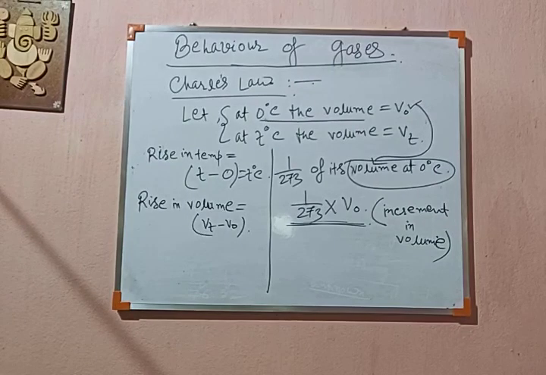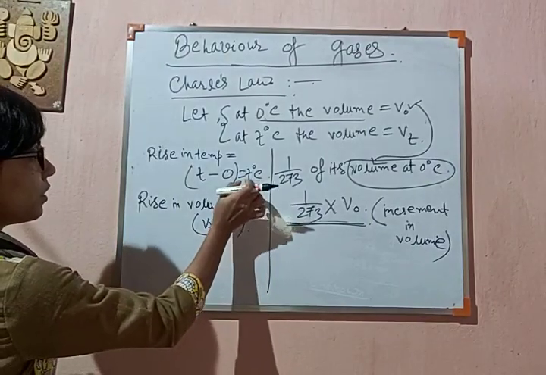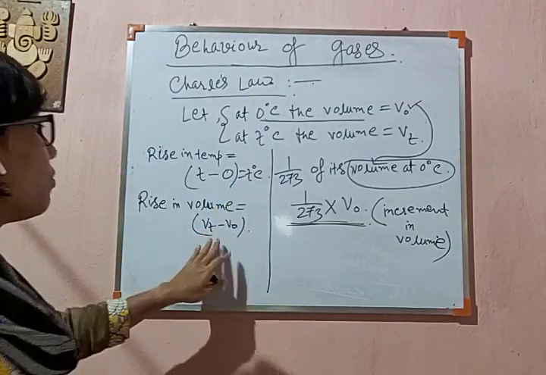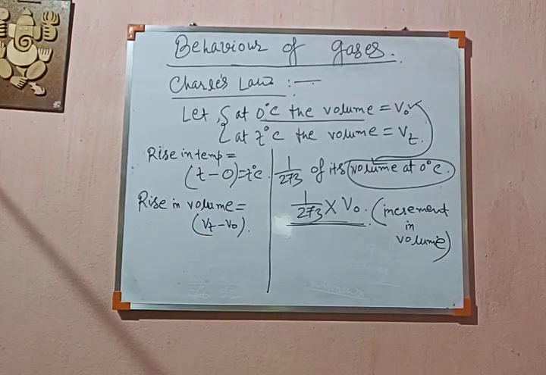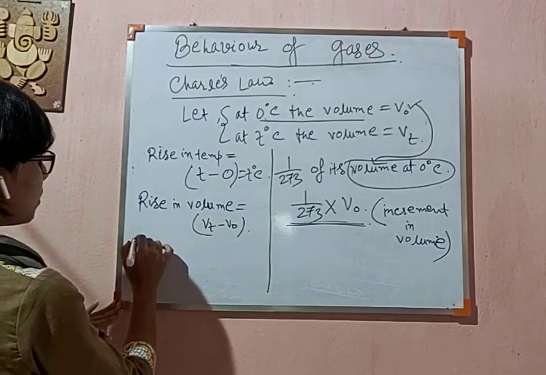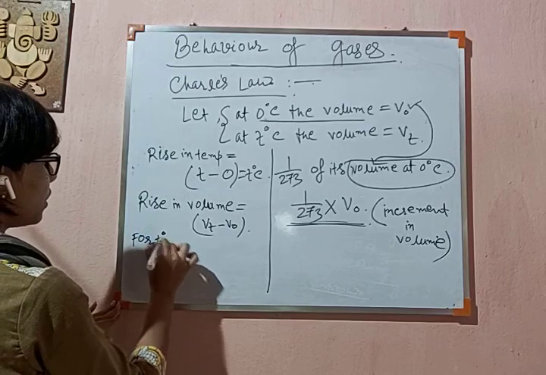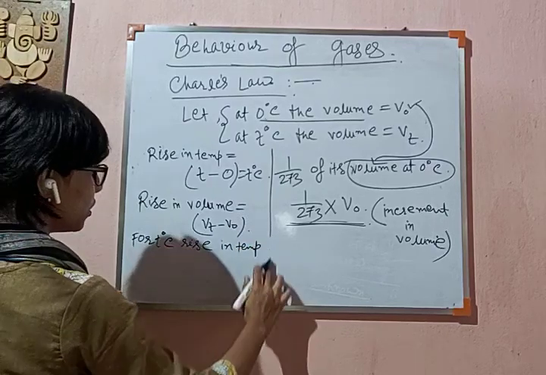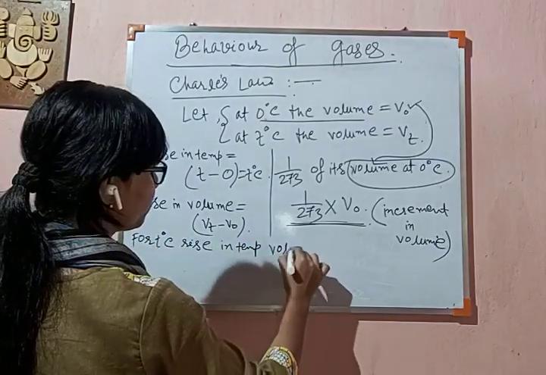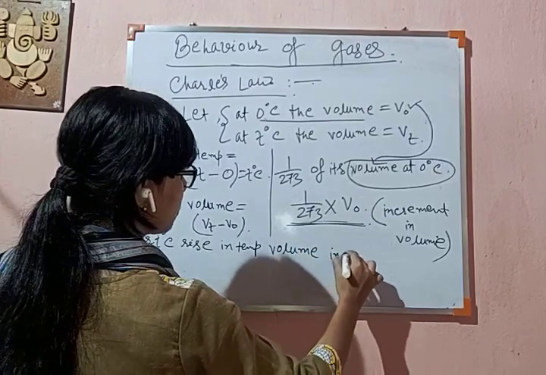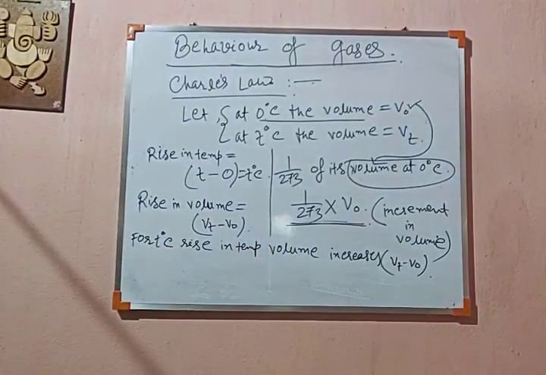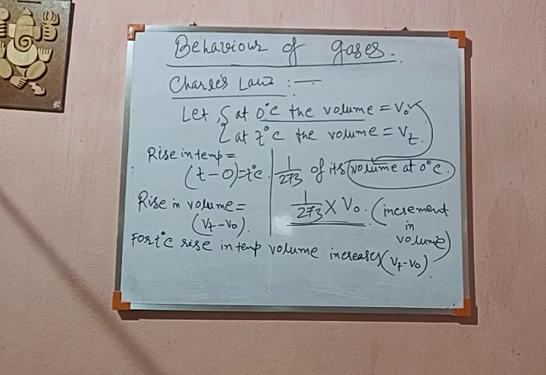So for a T degrees Celsius rise in temperature, the volume increases by Vt minus V0.